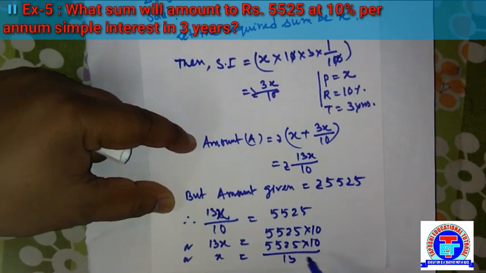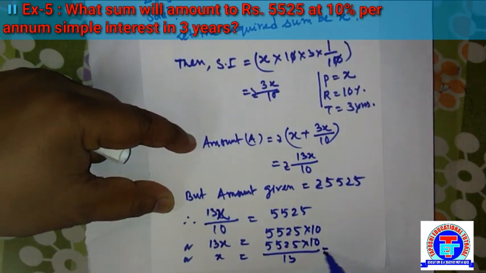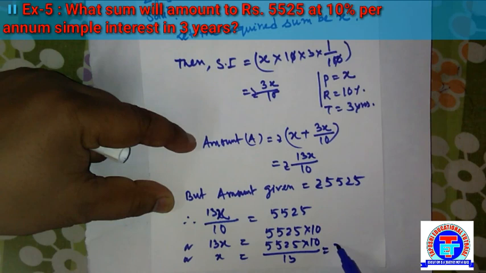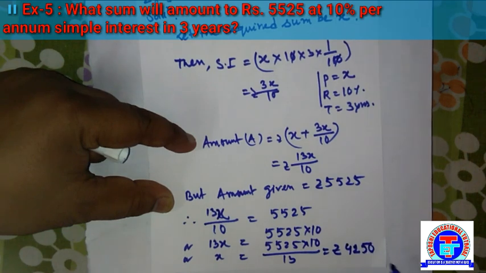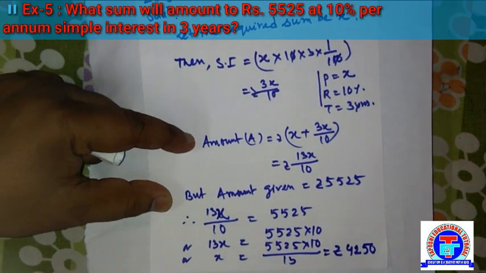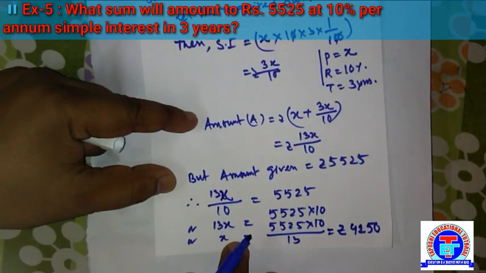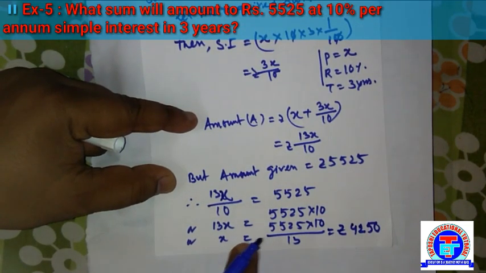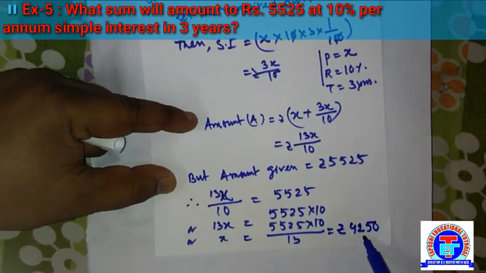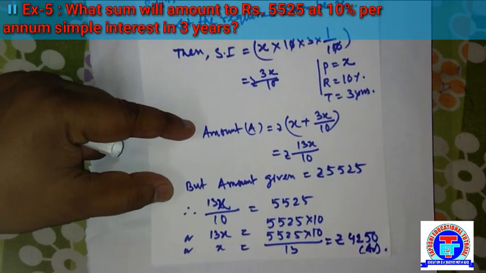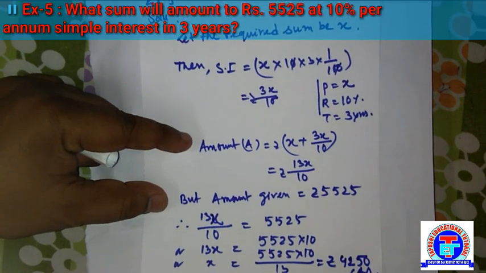If we calculate, then we will get rupees 4,250, okay? So hence the required sum is rupees 4,250. This one is the answer, right student? I hope you clearly understood.